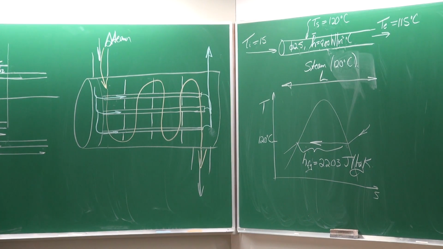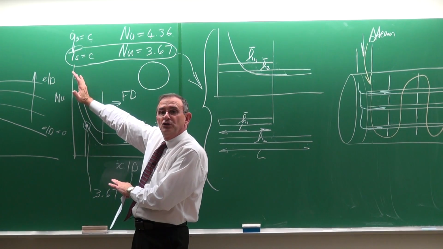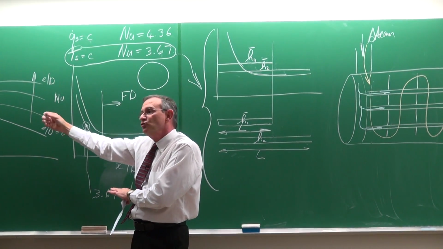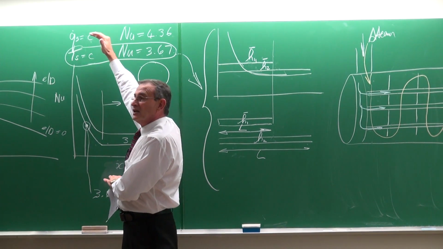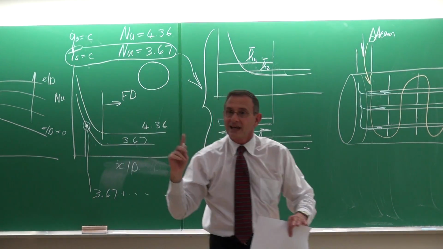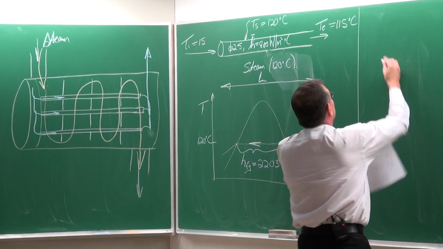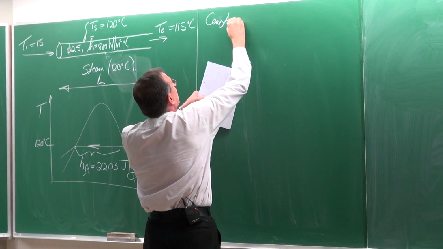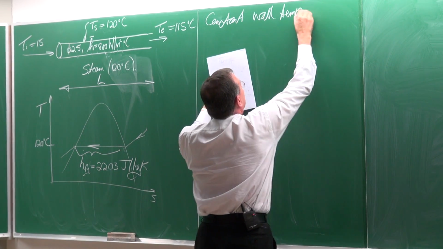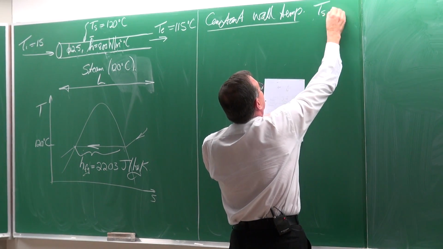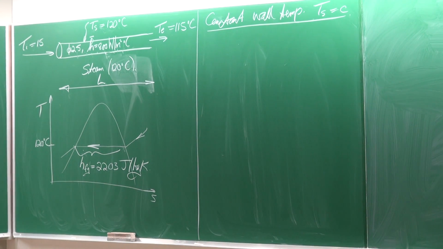So therefore, in terms of the previous paragraph in which I mentioned how important it is that you must be able to distinguish between a constant wall temperature problem and a constant heat flux problem, this falls into the category of a constant wall temperature problem. Do you agree? So it is a constant wall temperature problem, or we are just going to use the notation Ts is equal to a constant in the future.